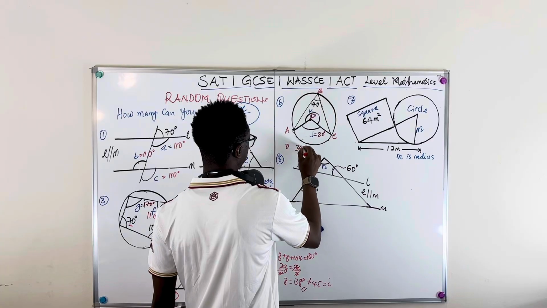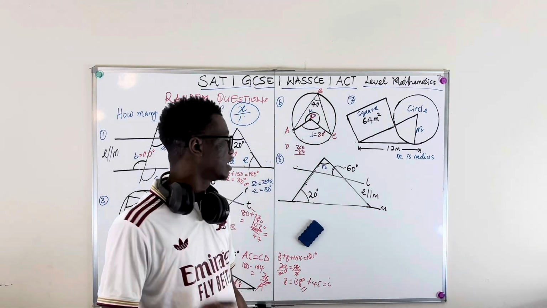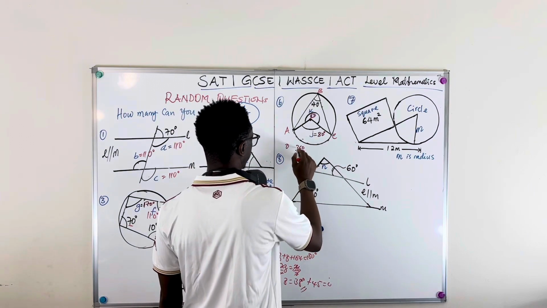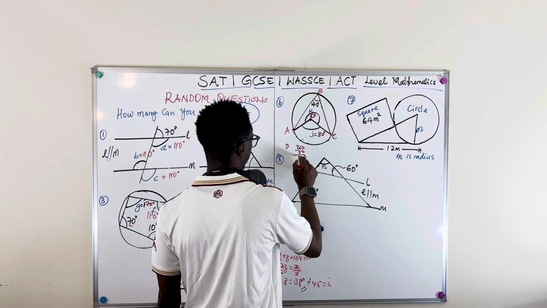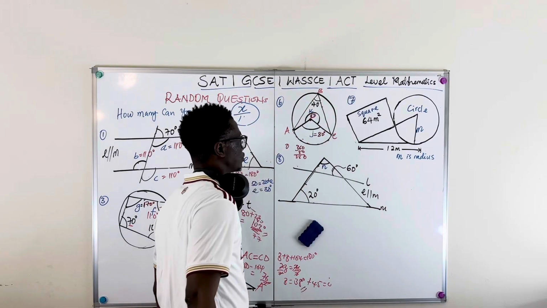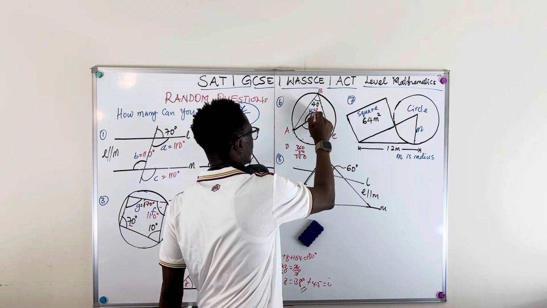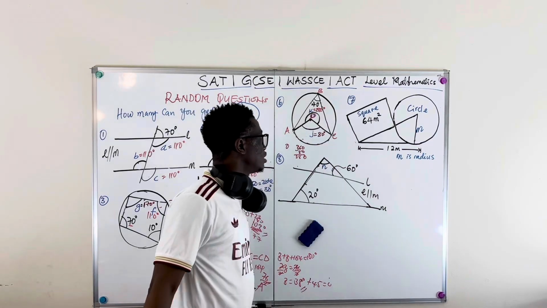So subtract 80, and that should give you the answer. This is 0. You take 1 here, and this is 8, and you are left with 2 here. So that gives you 280 degrees for K.